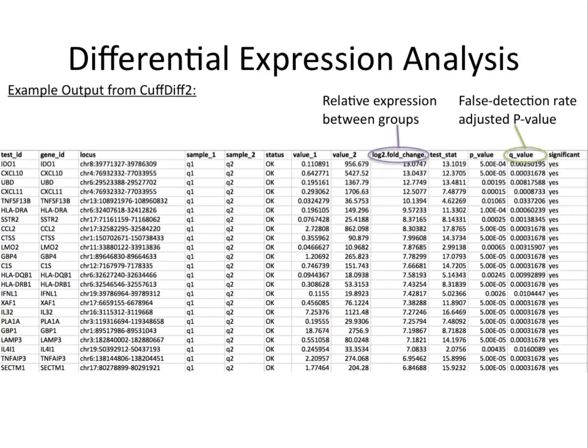FDR adjusted p-value, or q-value, is more rigorous statistically than a p-value.